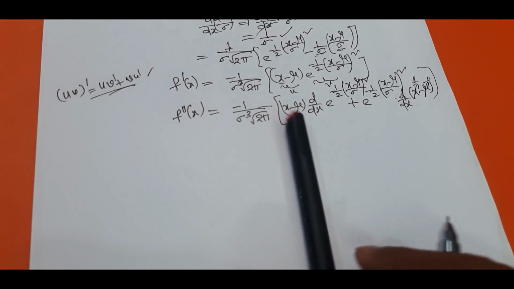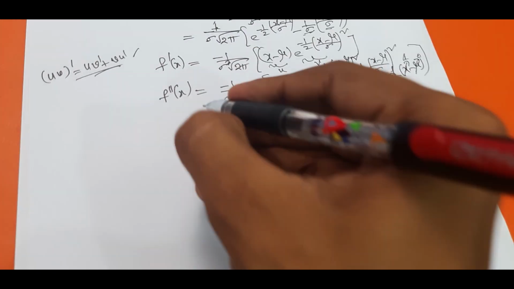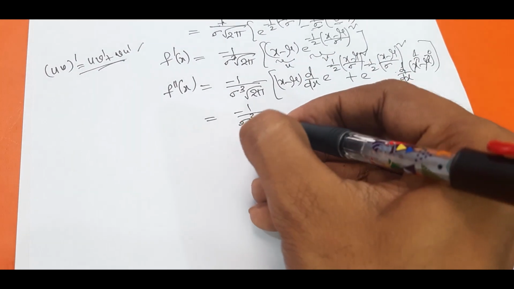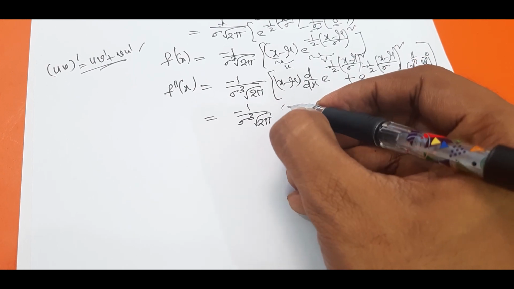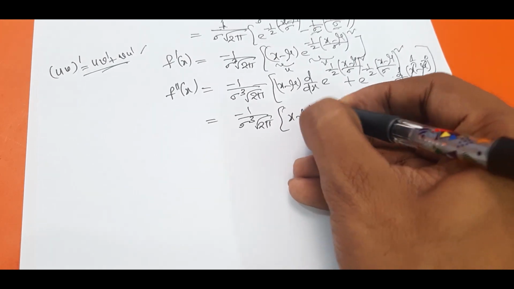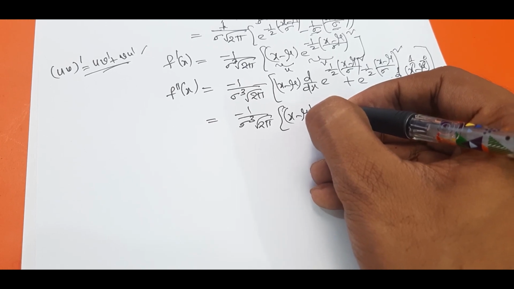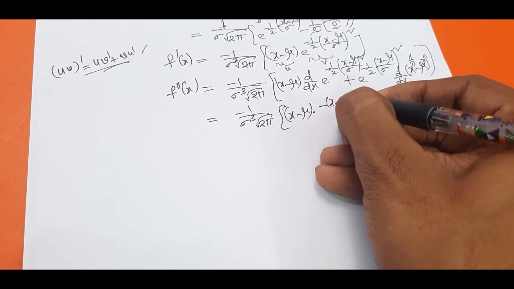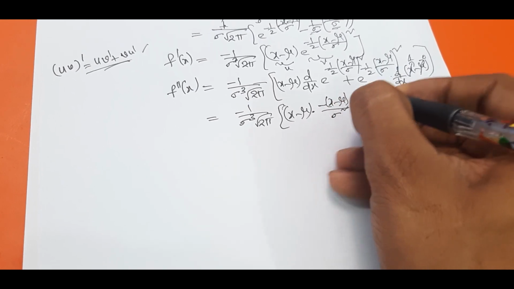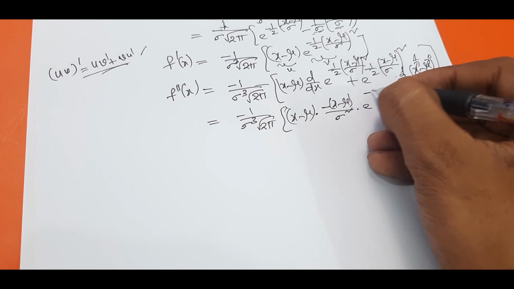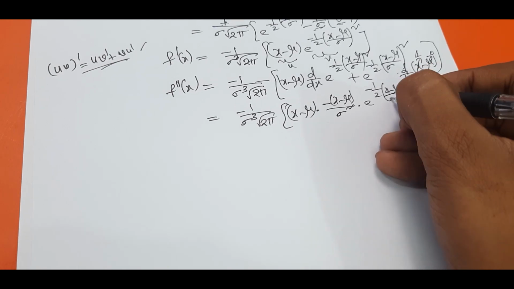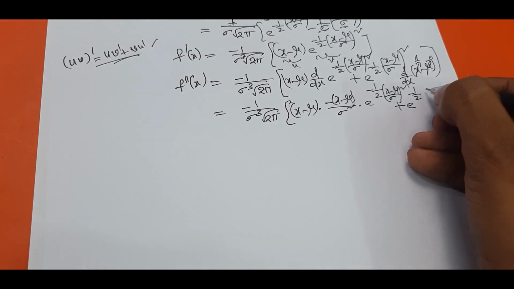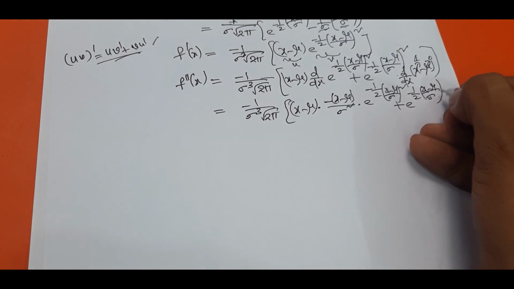So what will be the remaining terms? Now this will become minus 1 divided by sigma cube into root 2 pi, and here this will become x minus mu into minus x minus mu divided by sigma square into e power minus 1 divided by 2 x minus mu divided by sigma whole square, plus e power minus 1 divided by 2 x minus mu divided by sigma whole square.